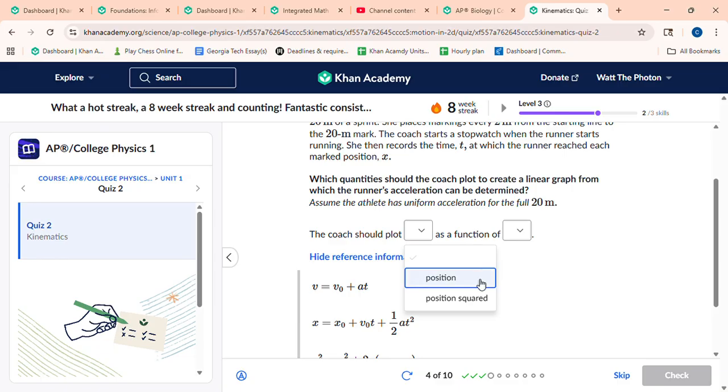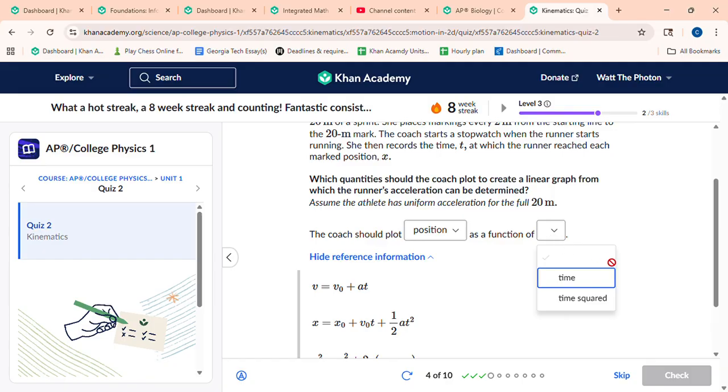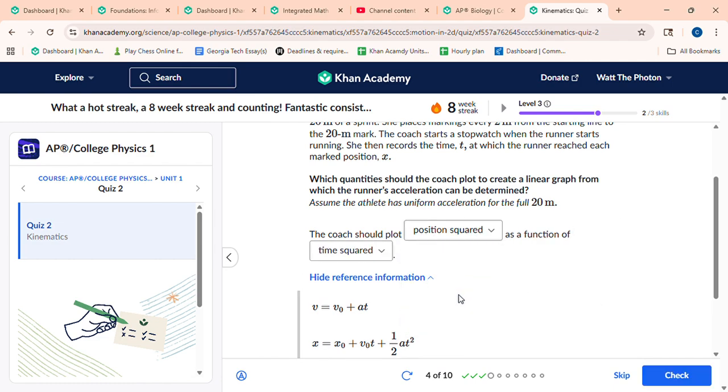Position. Position squared, v of t squared as a t squared.